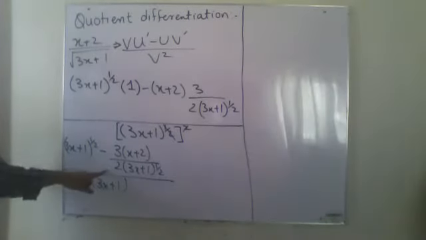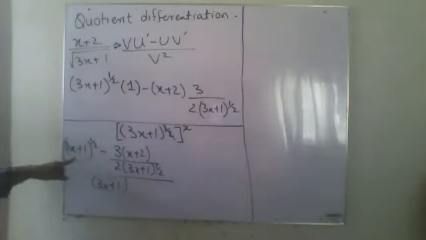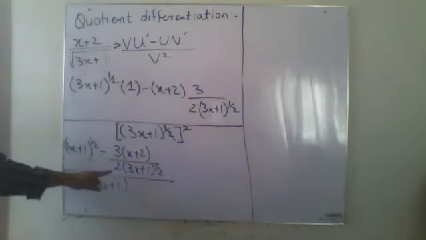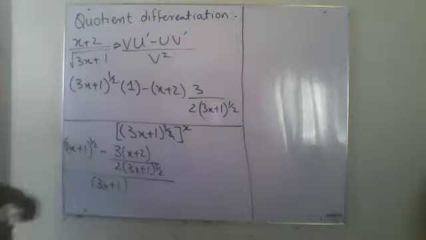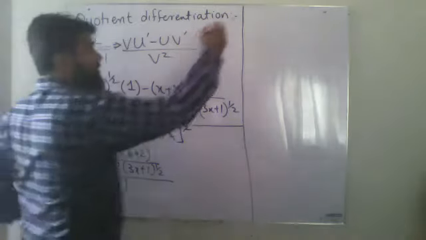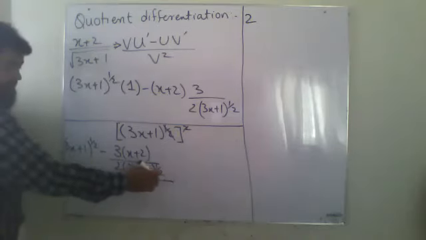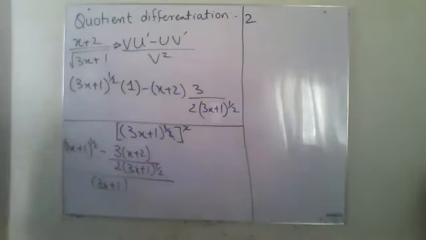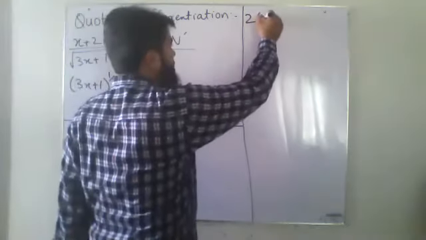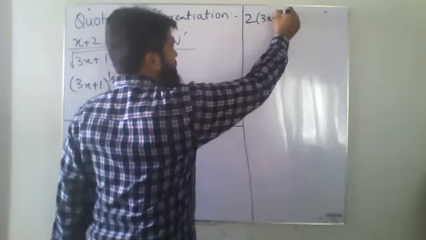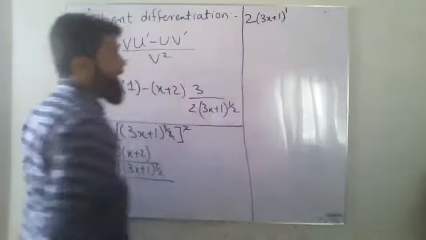For the solution, we are going to take LCM. So LCM of this with this, and nothing is written over here, so 1 is over here. That will be multiplied over here. When I multiply this whole thing with this one, first of all, 2, 3x plus 1 power half and half will be added, and it will become 3x plus 1 power 1.